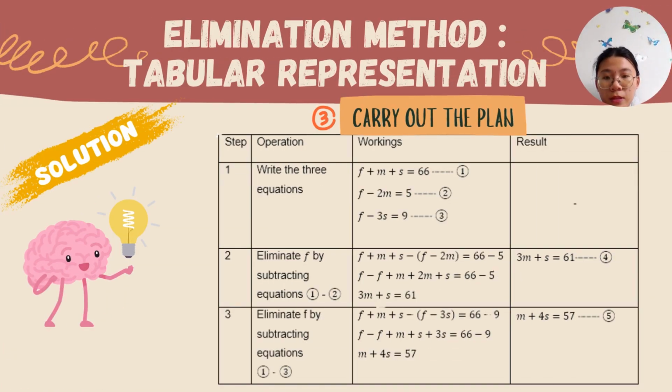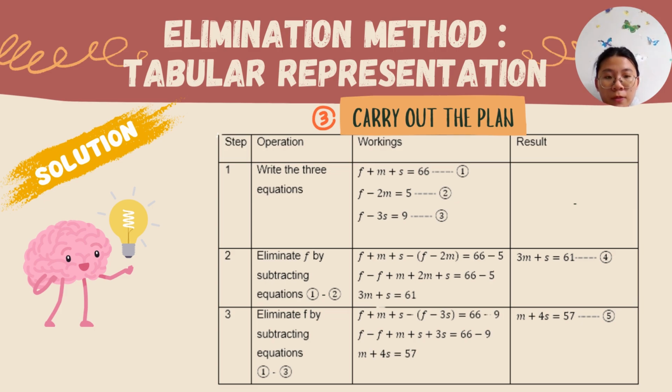The first step is we need to write the equations, listing out the 3 equations. The second step is to eliminate f by subtracting the equations, which is the first equation minus the second equation. So we will see the workings and finally get the result 3m plus s equals 61.